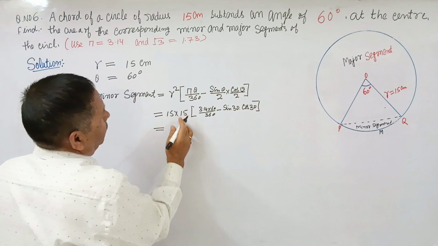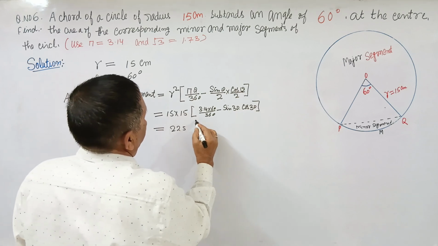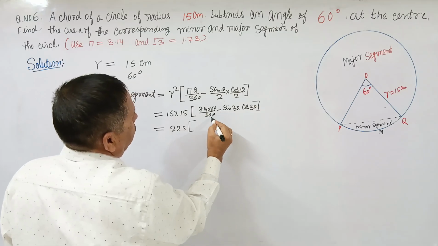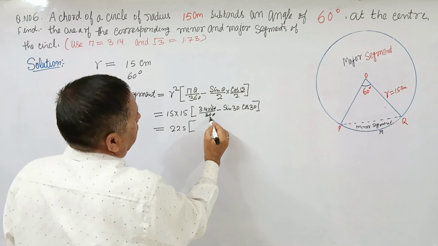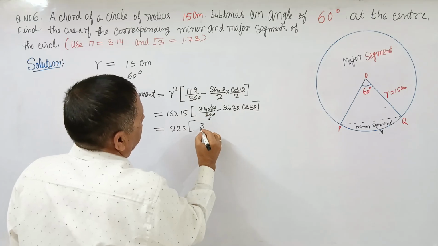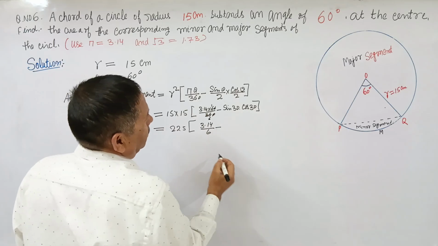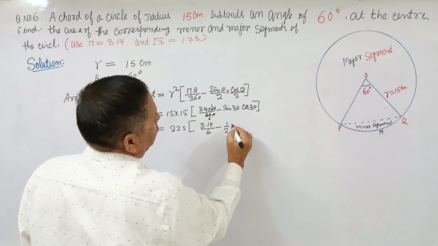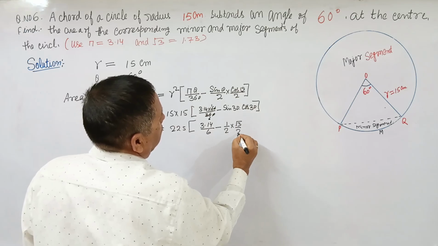Square of 15 is 225. Now I will cut the zeros, and I get 3.14 upon 6 minus sin 30, 1 by 2, into cos 30, root 3 by 2.